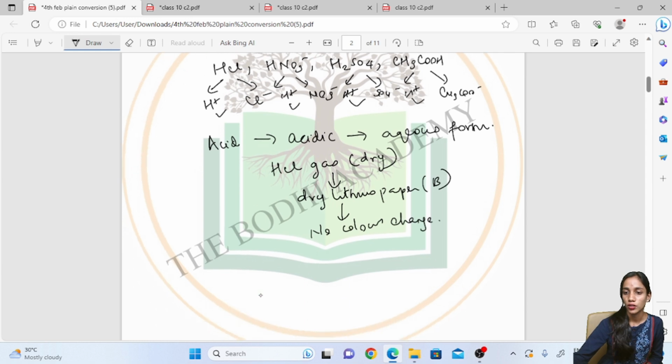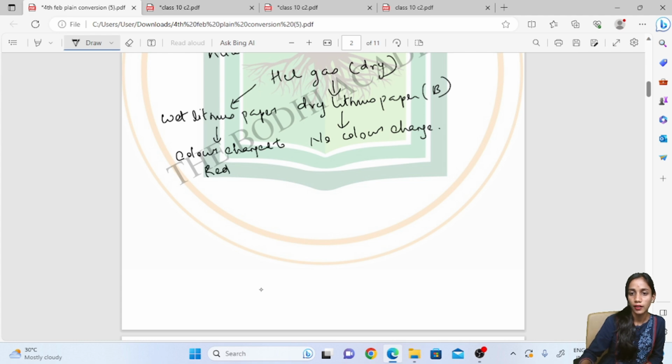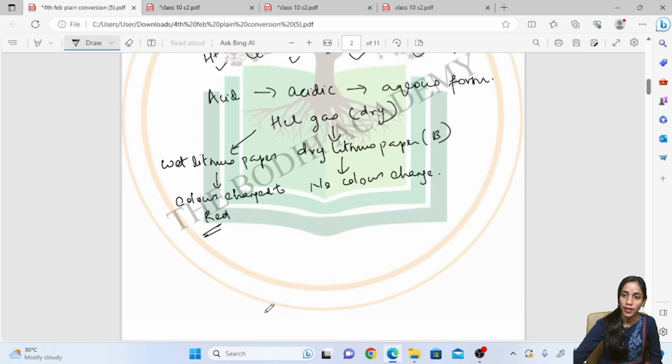But in the second case, we use a wet litmus paper. In this case, the color changed to red. Now, this was dry HCl gas.